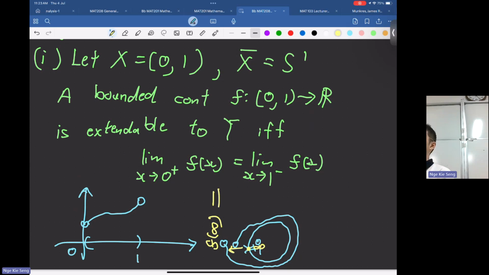Does it make sense? This part is first year calculus actually. How do you define a continuous function? Left and right have to approach the same limit and then take the same value at the point. So here, this point is the infinity point.